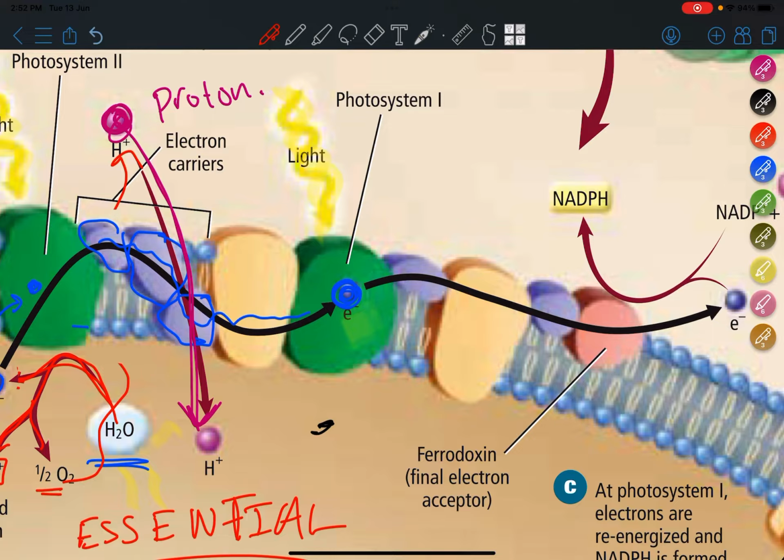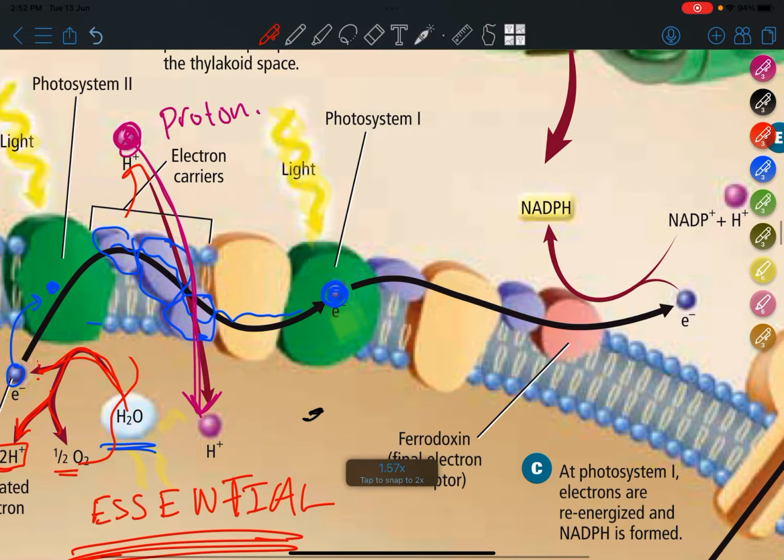The electron is then passed to who? It is passed to ferredoxin. And ferredoxin is your final electron acceptor. Okay? Now, the electrons lost by photosystem 1 are replaced by the electrons shuttled from photosystem 2.